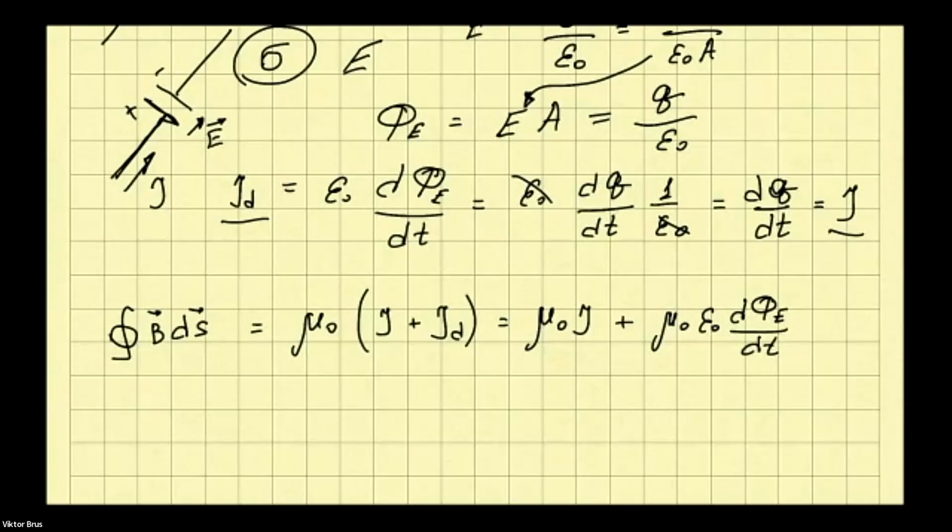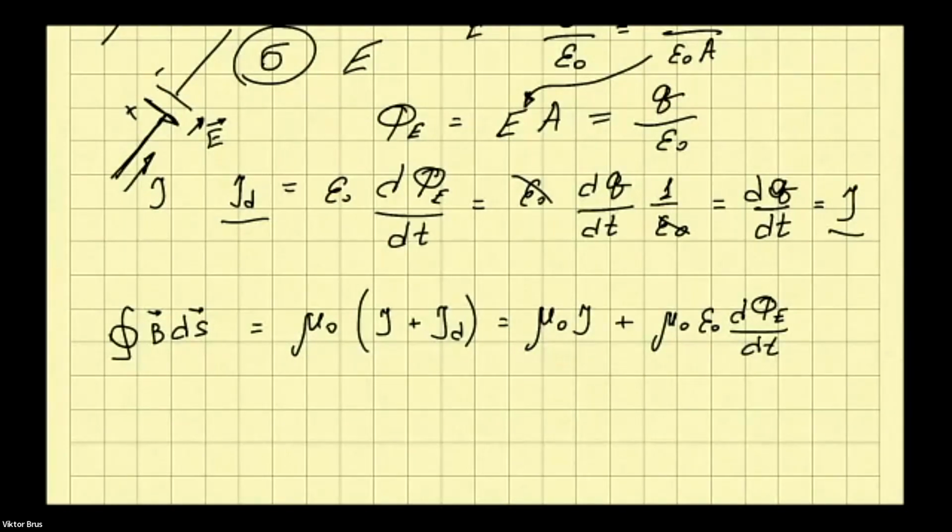So that is the general case, which takes into account conductivity and displacement current. This generalized Ampere's law is also called the Ampere-Maxwell law, obviously because we add to conductivity current also the Maxwell displacement current.